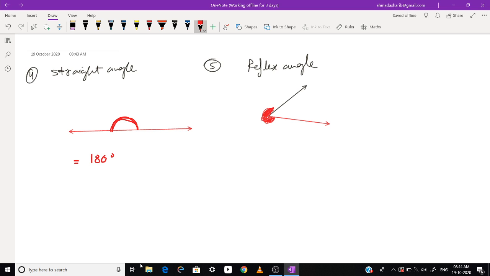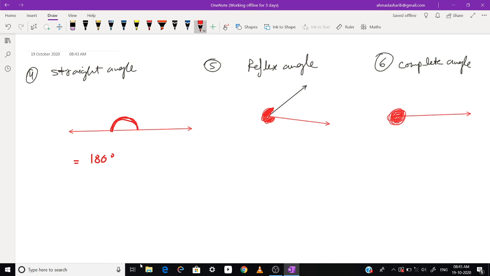Clear? And the last, the sixth type of angle, is a complete angle. A complete angle is also a ray, but the degree of this angle is 360 degrees, and it is denoted by a full circle.